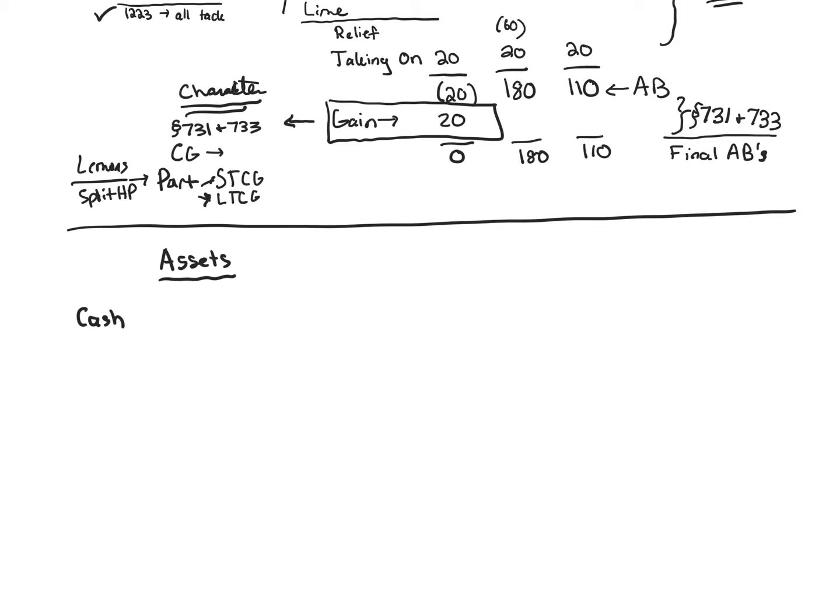Here are our assets again: cash, accounts receivable, building, land. Remember, when we do our balance sheet, just like problem 1, we've got our adjusted basis, we've got our book amount, then we've got our liabilities and capital.